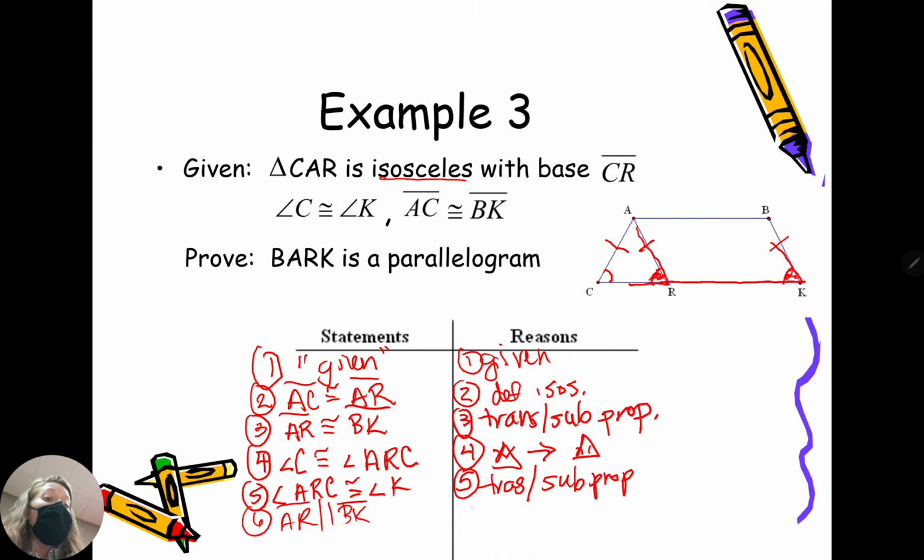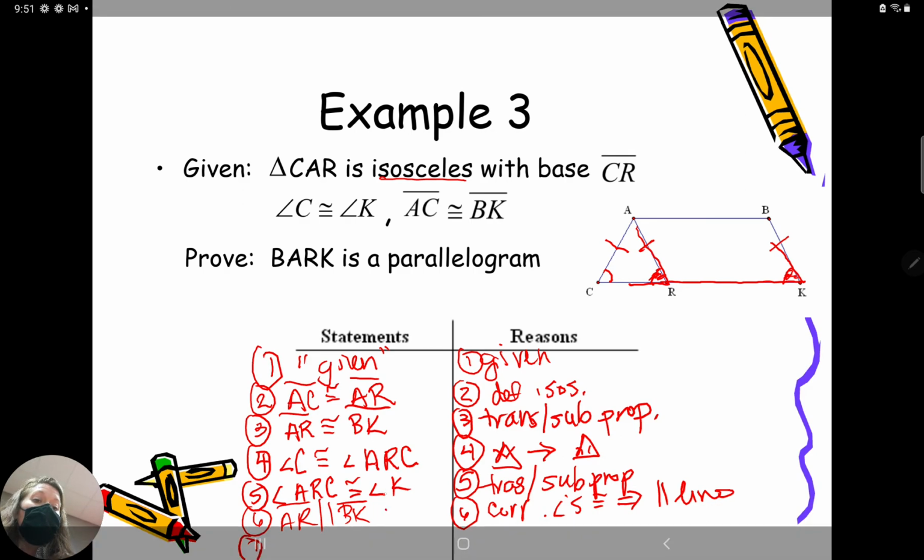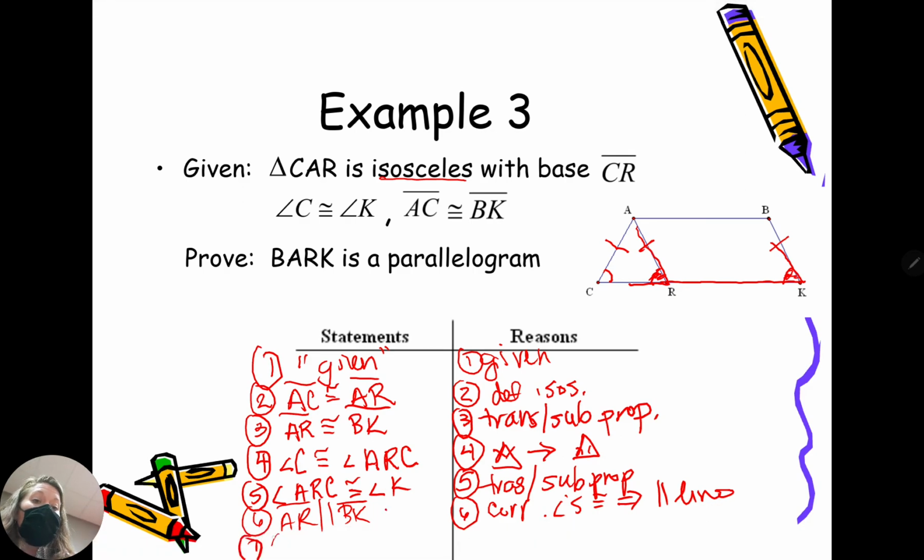But now we have parallel lines because corresponding angles are congruent. So we have parallel lines. And now we have one set of sides, both parallel and congruent. So we have a parallelogram.